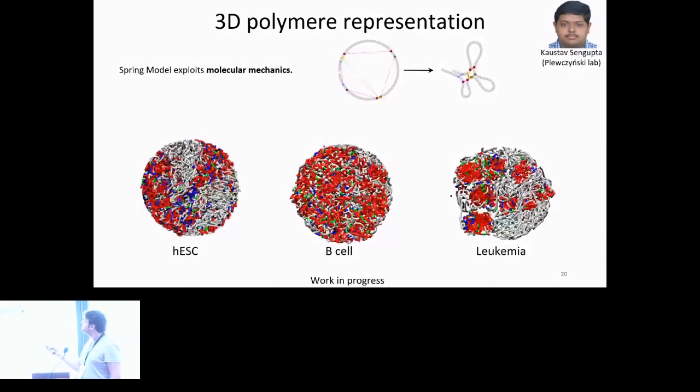We can change the interactions between these fragments to reconstruct the chromatin structures in 3D, and so we obtained the 3D chromatin model. It's still a work in progress because we have little problems, and we want to compare this 3D polymer representation with our chromatin structures.